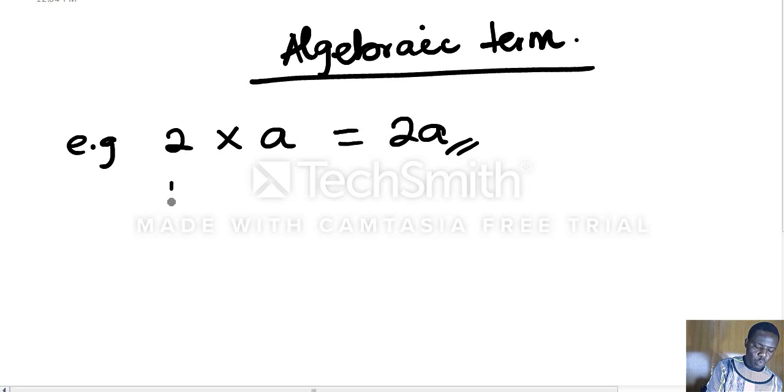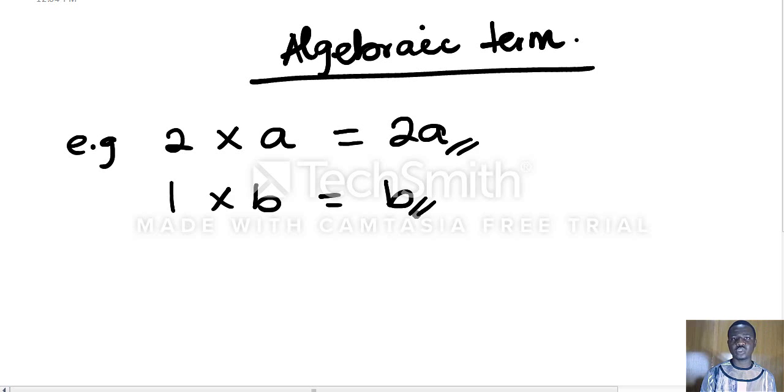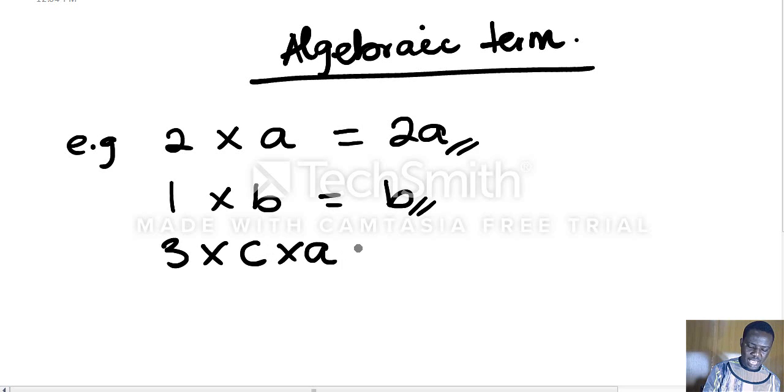Also, 1 times b can be said to be 1b, which I can write as b, and this is also said to be another algebraic term. Also, if you have 3 times c times a, this is going to give me 3ac, which is also said to be an algebraic term.